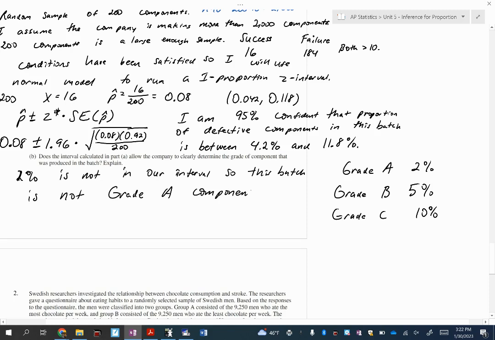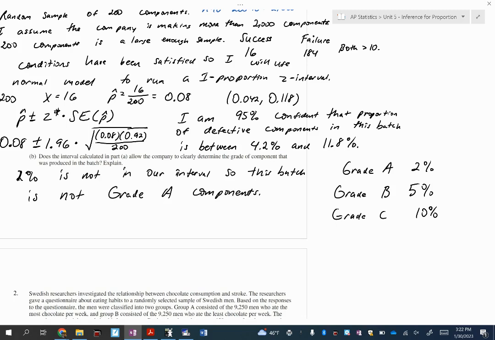Now that stinks, right, for our company? Why does that stink? Because grade A components are the best. And if this batch, however many thousands it is, was grade A, what could we charge for this batch? A better price, right? We can charge more money if the components have a better rate. All right, now let's talk about B. Is 5% in here? Yes, and we already said 10% is in here.